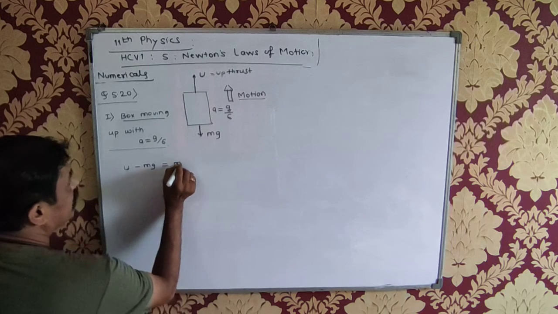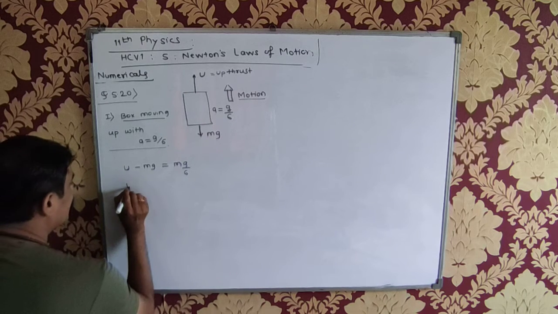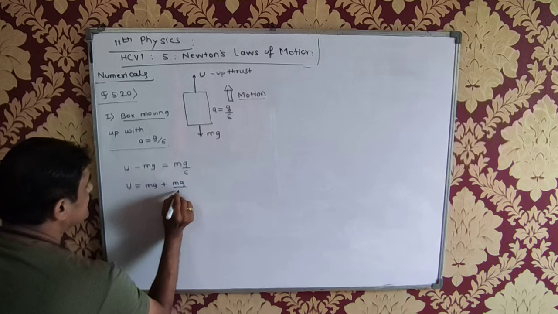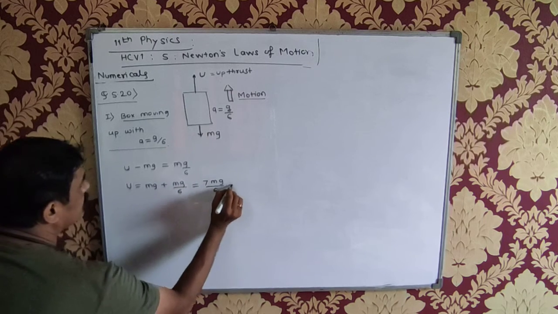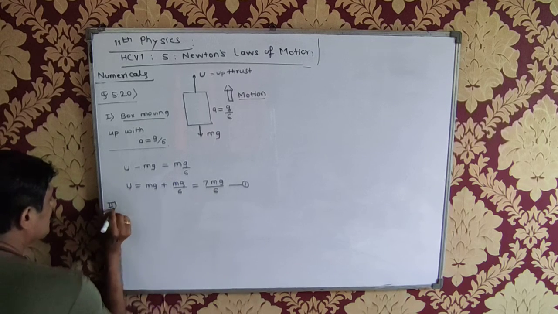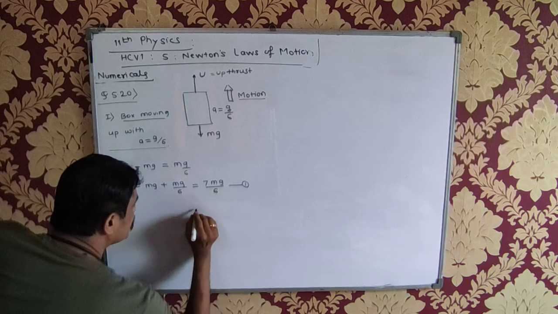That is equal to m into g by 6. I hope you understand. So the upthrust is equal to mg plus mg upon 6. That is equal to 7 mg upon 6. Understood?